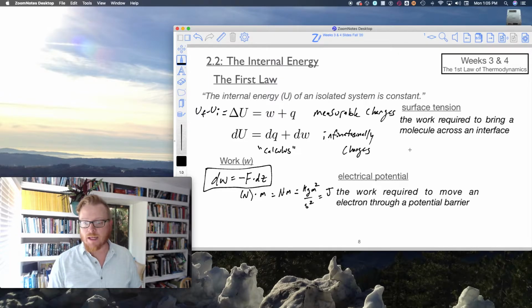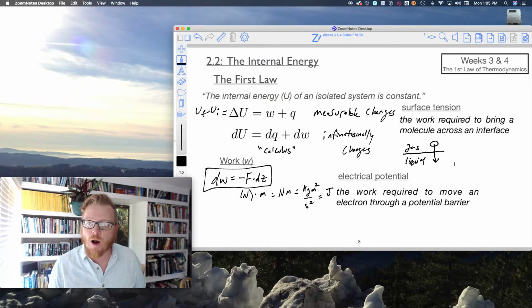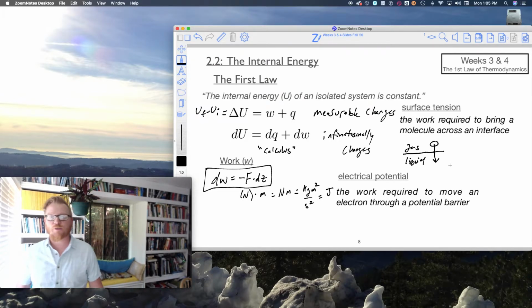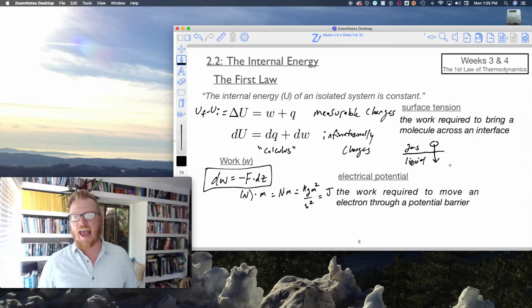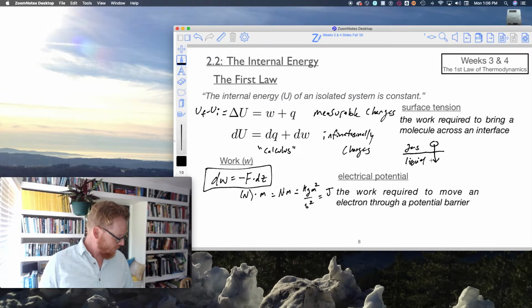So if you think about some interface, and by interface, I mean liquid on this side of the line and gas on this side of the line, if I try to bring a molecule across that interface, or the other way from liquid to gas, there's work required. I have to apply work over some distance to make that happen, okay? And that's related to surface tension.